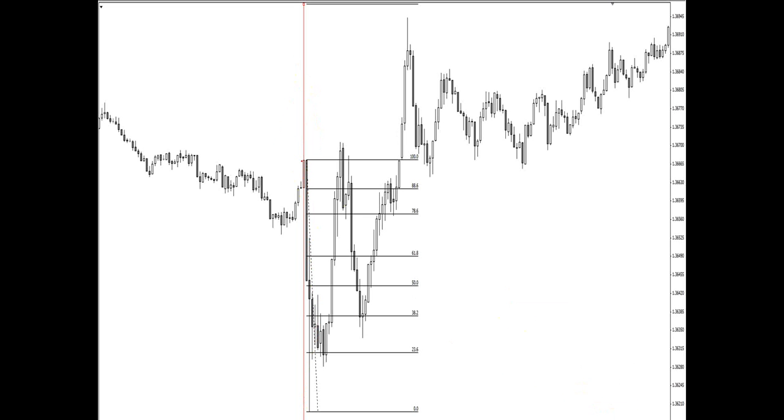So we marked it with Fibo retracement. Now we want to see, after the initial spike, a spike to the upside and retracement. This was the initial spike, and now retracement. That is where our levels have been hit.